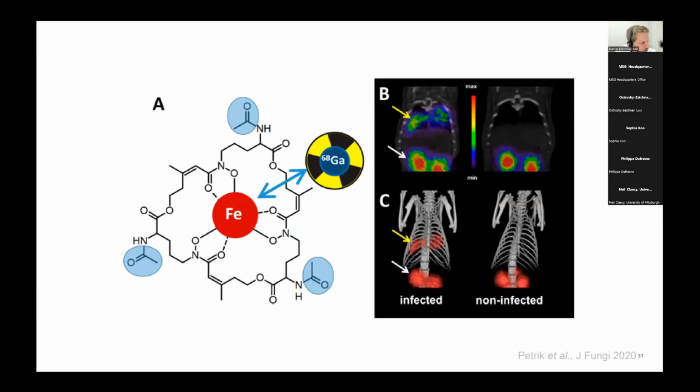The colleagues here took gadolinium-labeled iron and checked for the enrichment of the iron, of course in mice, and they showed very nicely that the infection of the mice correlates with a nice enhancement of the labeled compound, which is primarily enriched in the fungal lesion.